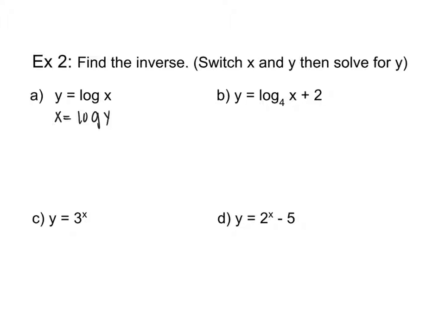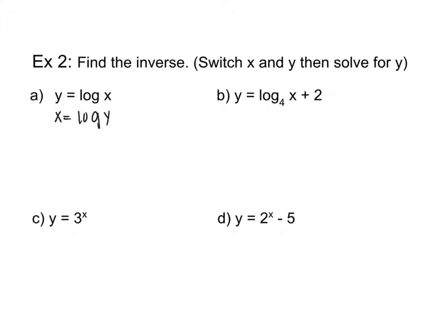And then once you switch them, notice that the y is not by itself anymore like it was in the beginning. So what you have to do is solve for y. So you have to get y by itself. But how do I get this y out of this log? Well, in order to get rid of a log, we learned that the inverse of a log is an exponent. So what we have to do is change this log to an exponent.